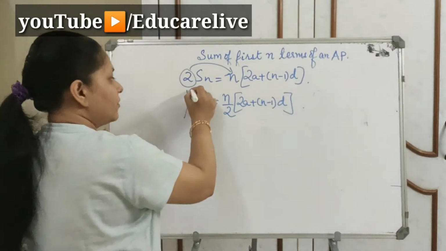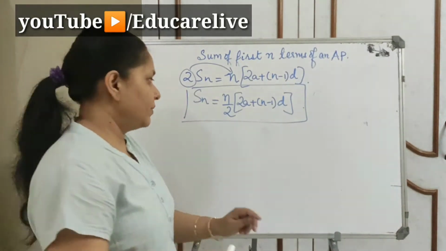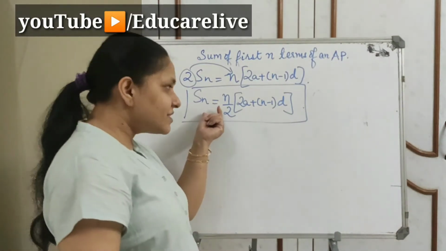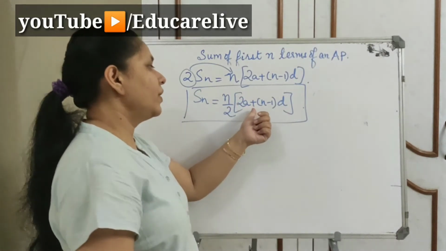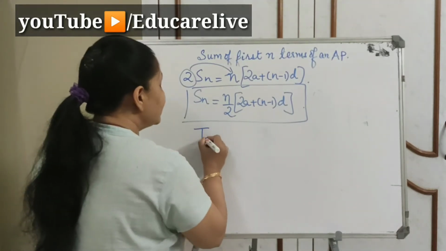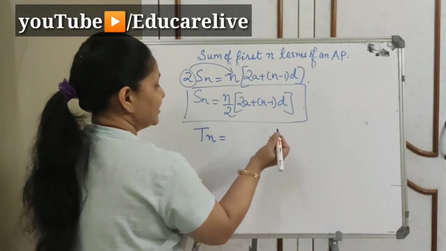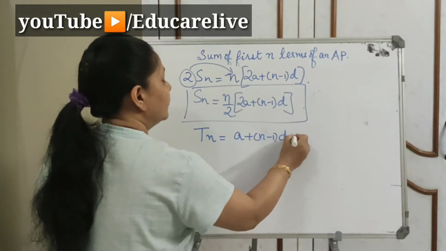So this is the formula that you have to remember. So basically we have two formulas. For finding the sum of first n terms, we have the formula n by 2 multiplied with 2a plus n minus 1 into d. And for finding the nth term of an arithmetic progression, we have the formula a plus n minus 1 into d.